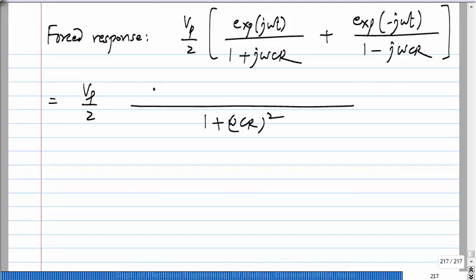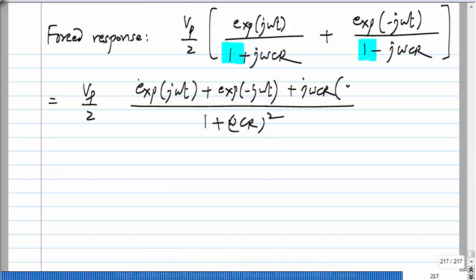And what do you get if you do that? And here we have that comes from these, and from the other one we get this, e^(j omega t) minus e^(minus j omega t). Okay.